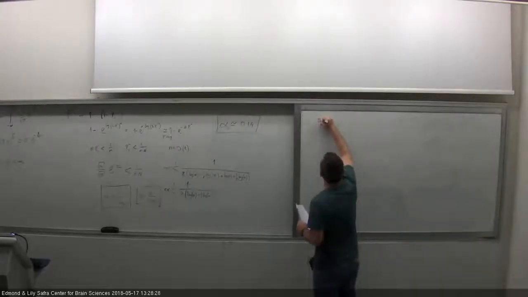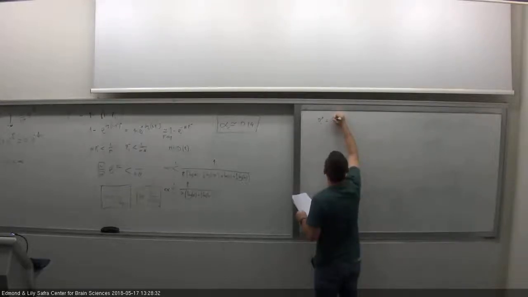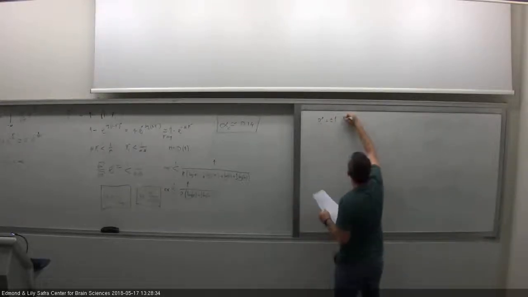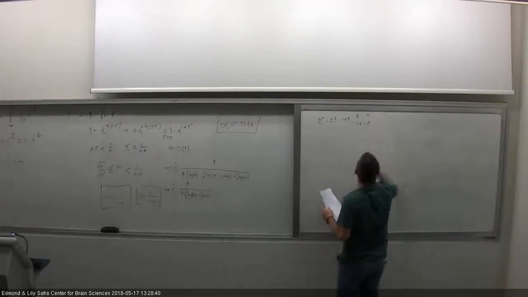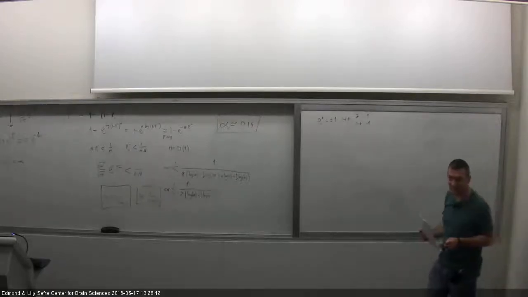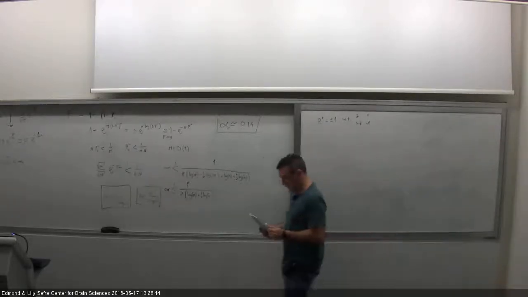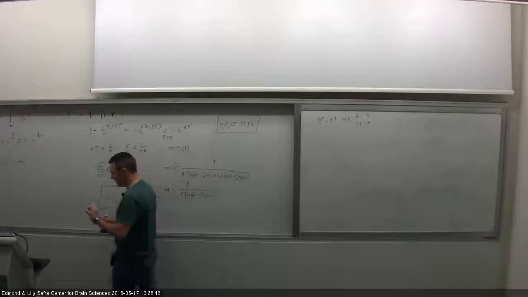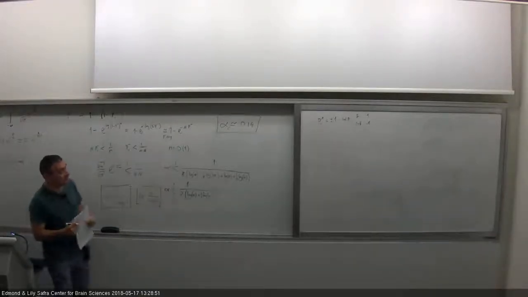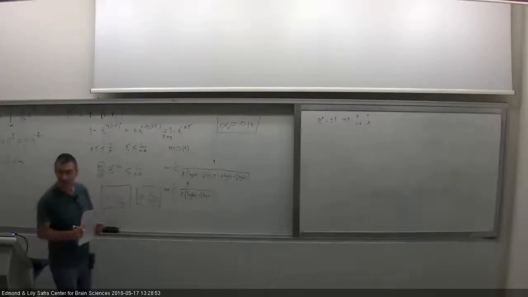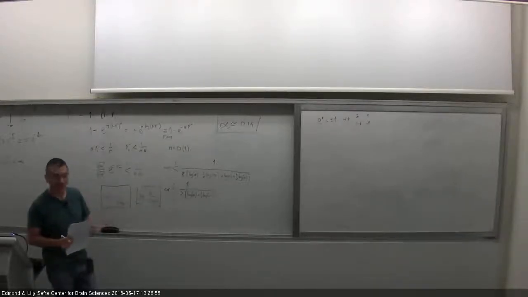Let's say xi mu is equal to plus or minus 1, with probability f for 1 and 1 minus f for minus 1. Previously we were thinking about f as being equal to 1/2. Now we're considering an arbitrary value of f.